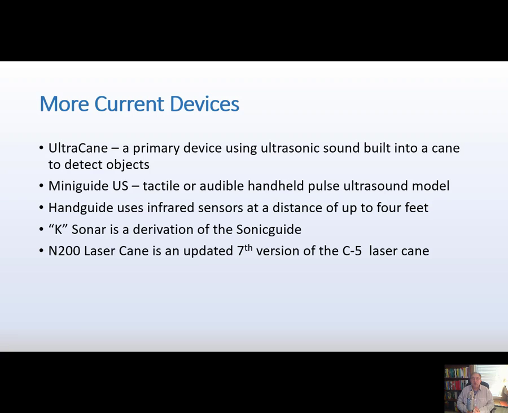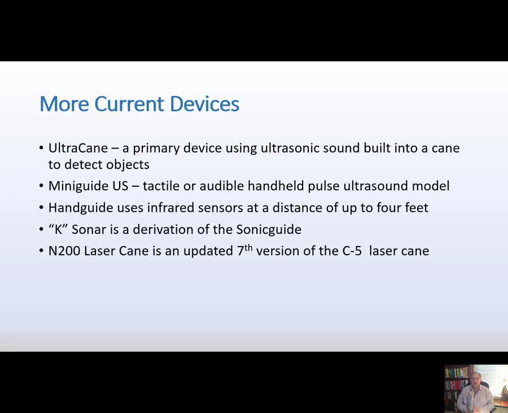It's a handheld device, uses pulsed ultrasound, and it provides a range of from 1 to 5 settings, from maybe as close as a half a meter to 8 meters. And the closer the object, the faster the vibration or the chirping sounds that come out of it. And with a sweeping motion, you even get a change in pitch that tells you how close something is.